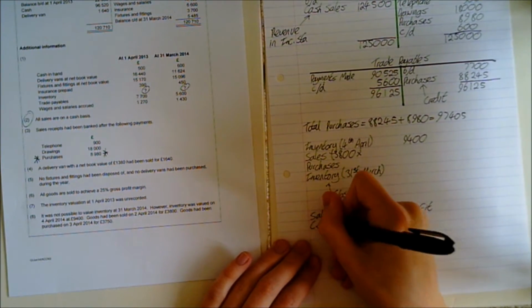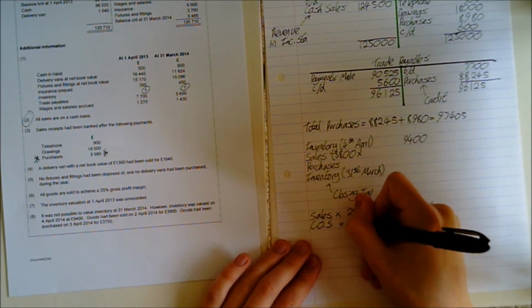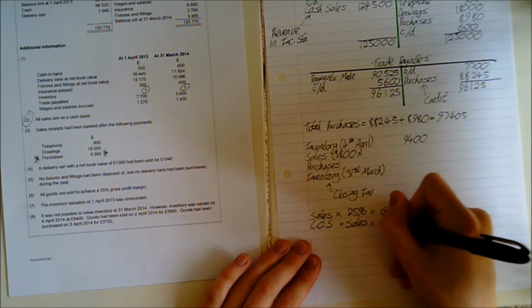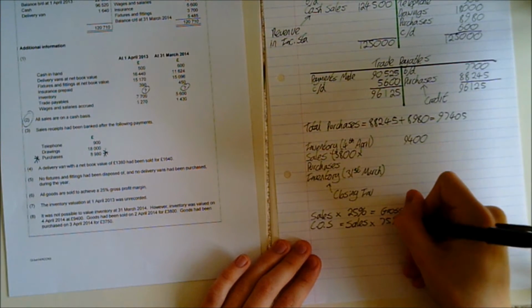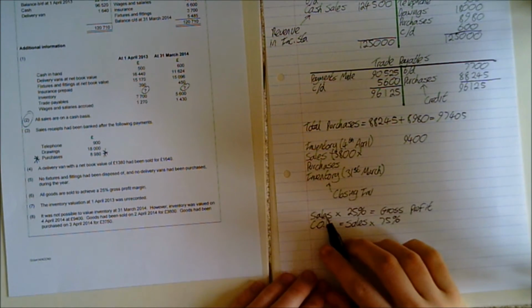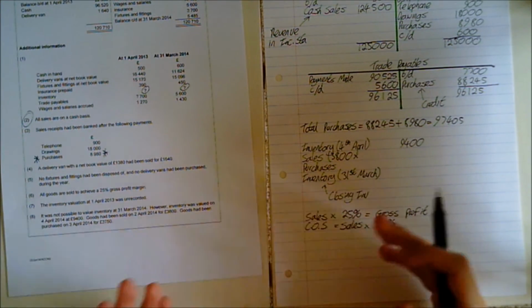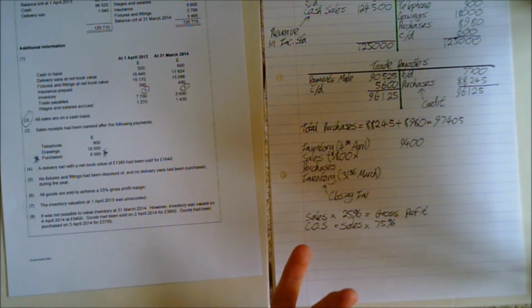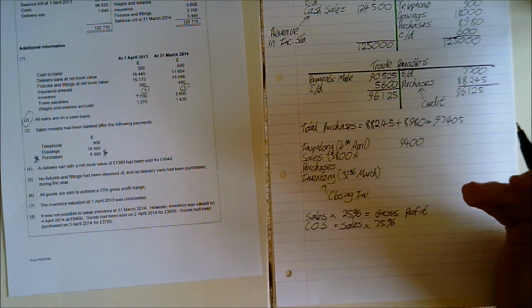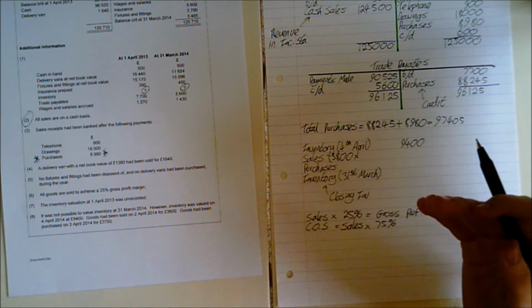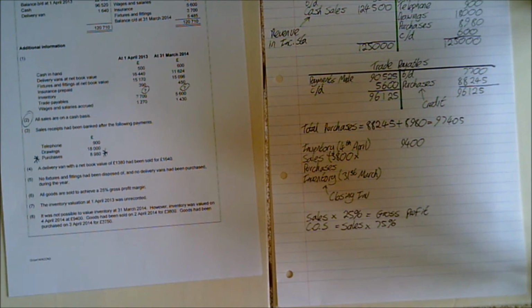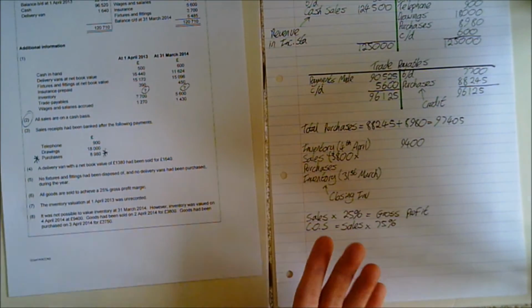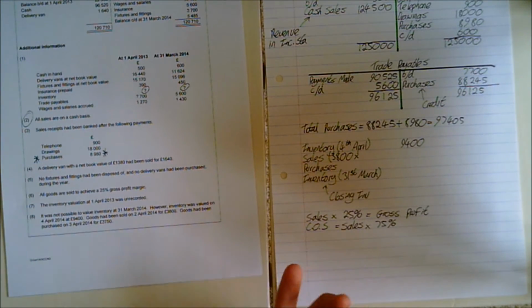Therefore, I can just assume that my cost of sales equals sales times 75%, because the gross profit is 25% of sales. Therefore, cost of sales must be that 75%. So say you had sales of £100 and a gross profit of £25. Your cost of sales must be £75 to bring that 100 down to 25 gross profit.